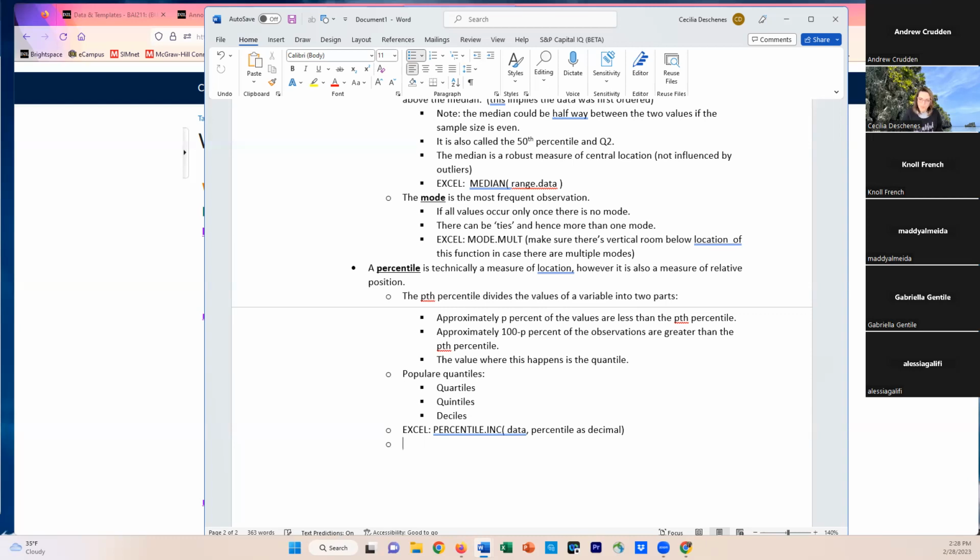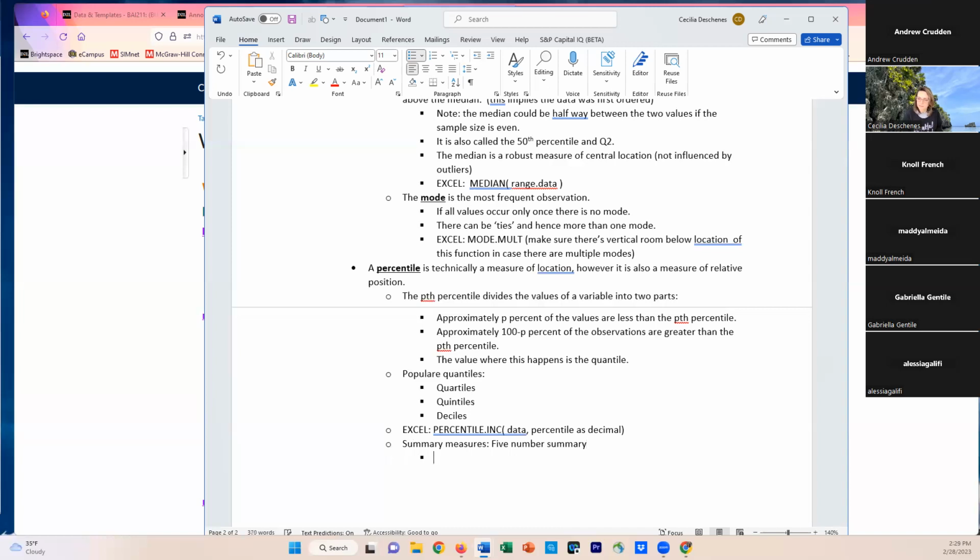So when it comes to percentiles, we can also talk about summary measures. This is where we talk about the 5-number summary, which again, we've talked about multiple times in our class.